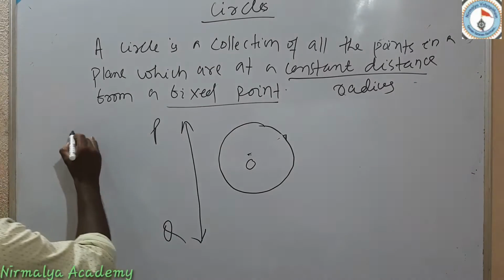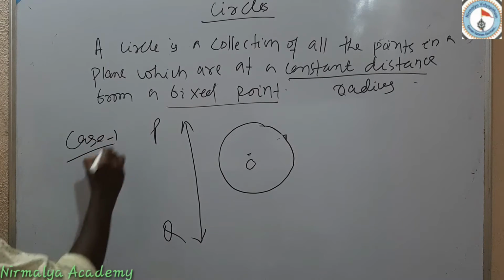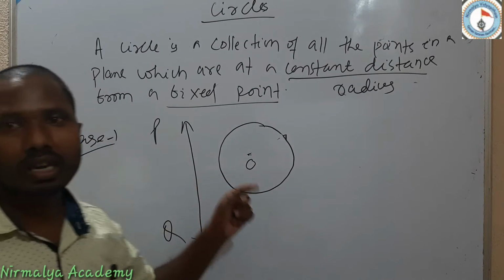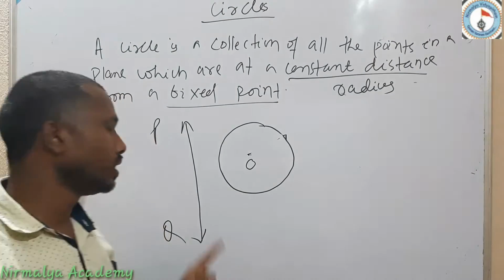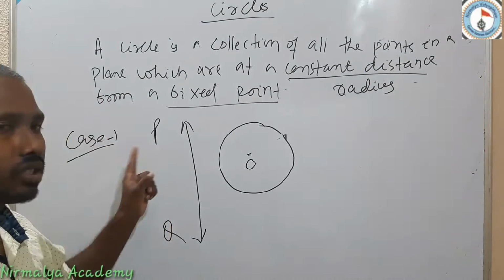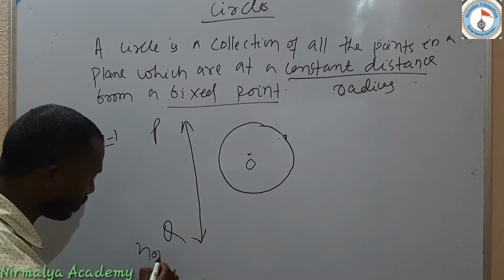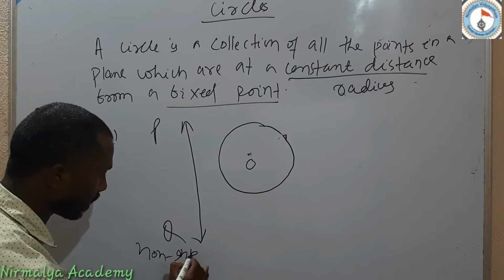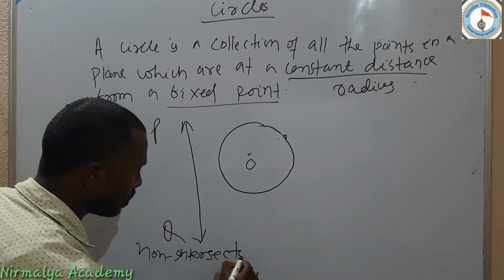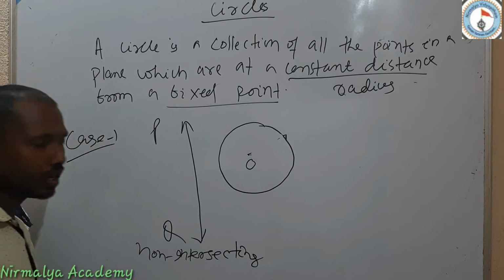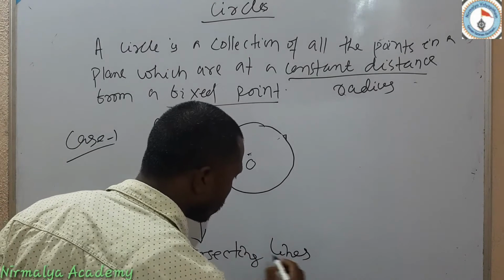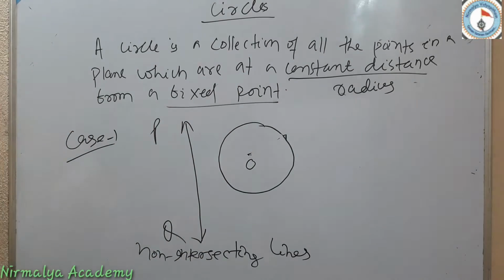In this case, there is no common point between the line and the circle. So in this case, the line is said to be non-intersecting line with respect to circle.